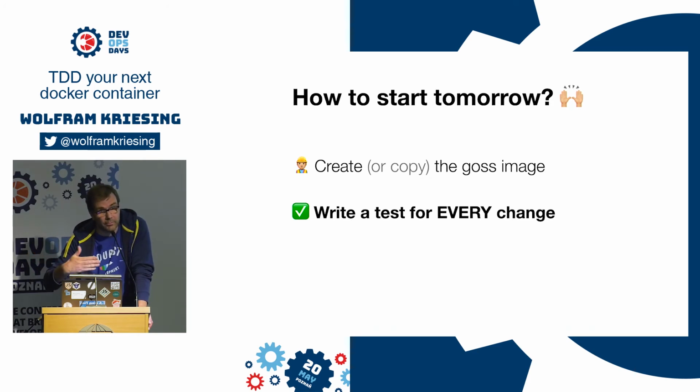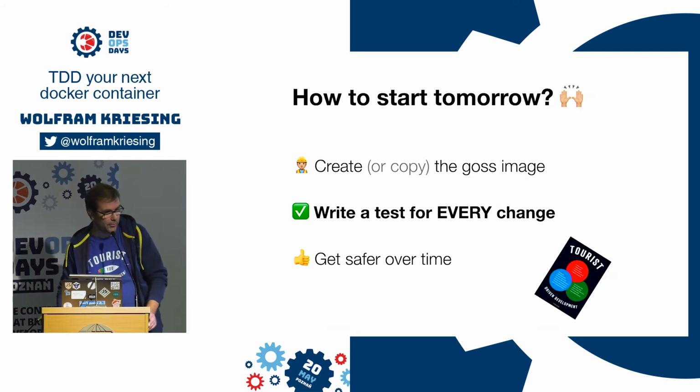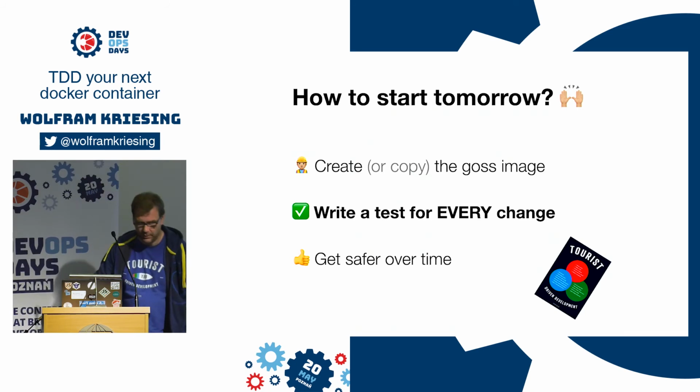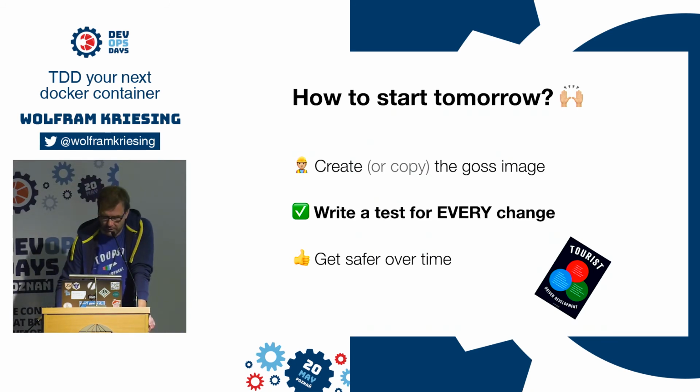You don't have to write all the tests for all the things that the Docker container already does, because then you will probably not get done soon. But maybe just write a test for the thing that you actually change tomorrow. And this way you're getting safer over time. And actually, if you need a reminder, just go and grab this one here for test-driven development.